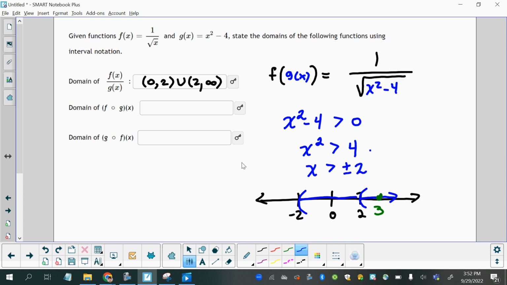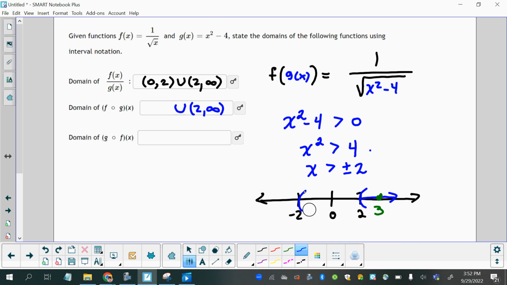So it is correct to say that x is greater than positive 2. So that is part of our domain. So 2 to infinity, that's going to be part of it. But we're going to have a break, because we can't include values between negative 2 and positive 2.